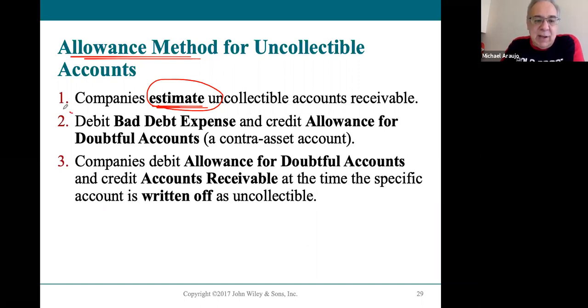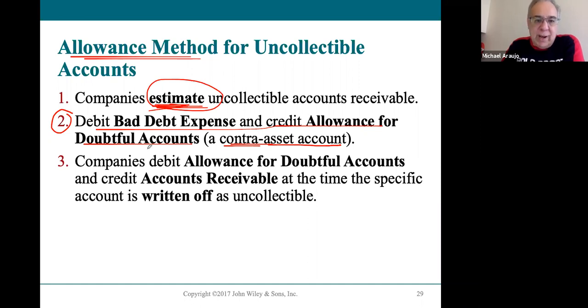So at the end of the year, and only at the end of the year, after they estimate what their uncollectible accounts is supposed to be, they will debit their bad debt expense and they'll credit the allowance for doubtful accounts for that amount. Okay. Again, the allowance for doubtful accounts literally goes right underneath the accounts receivable account. So it technically is an asset account, but it has a credit balance. So it's a contra asset account.